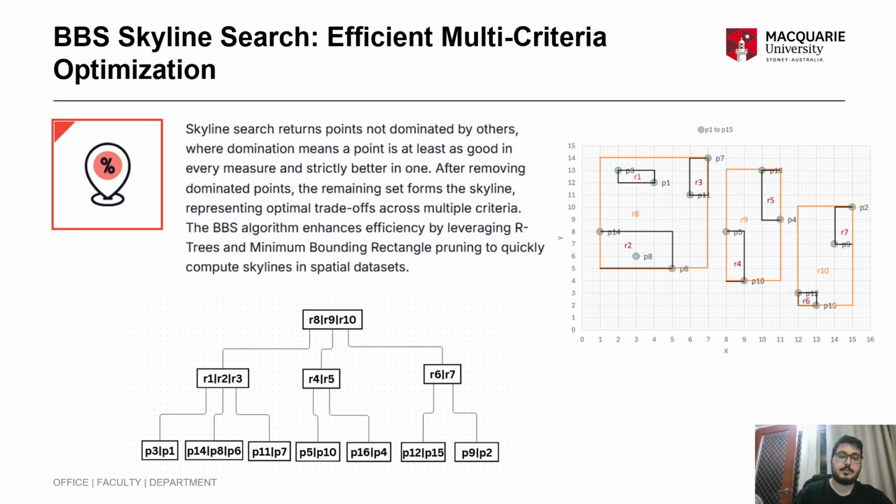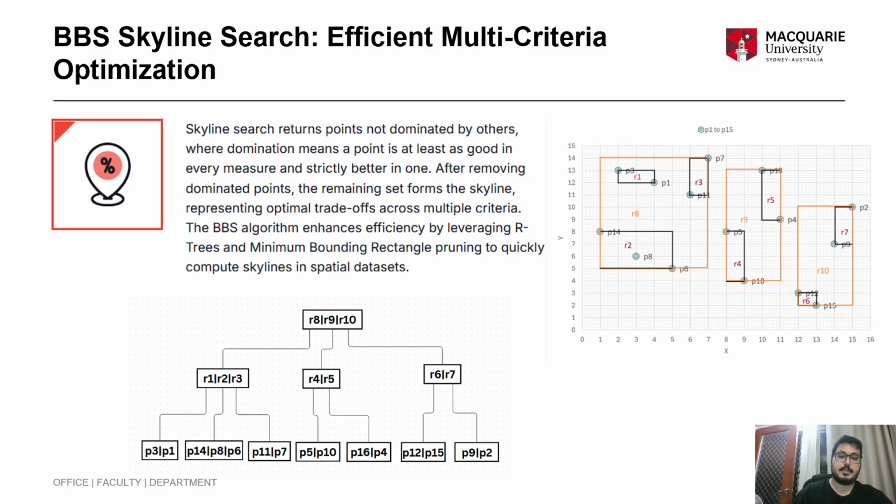And finally, we want to talk about the skyline search. The skyline search is an algorithm that returns points that are not dominated by others. Domination means that a point is dominating another point if it is lesser in both dimensions, in both axes, or strictly in one axis.